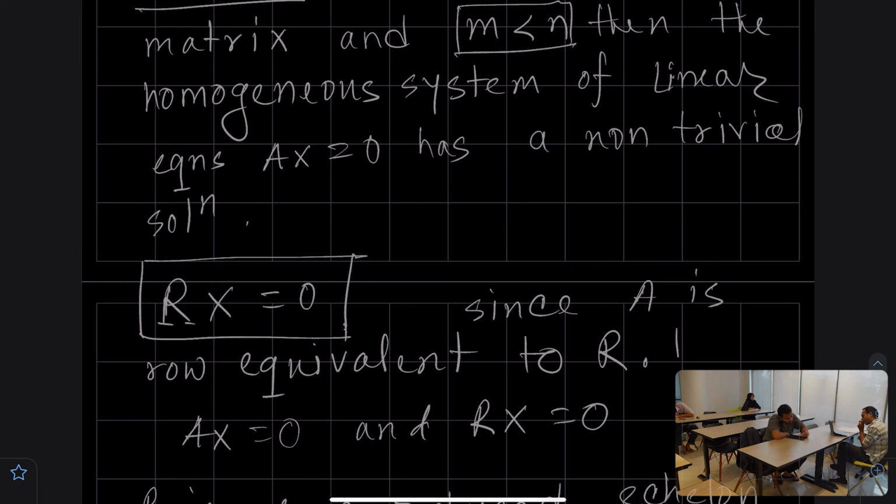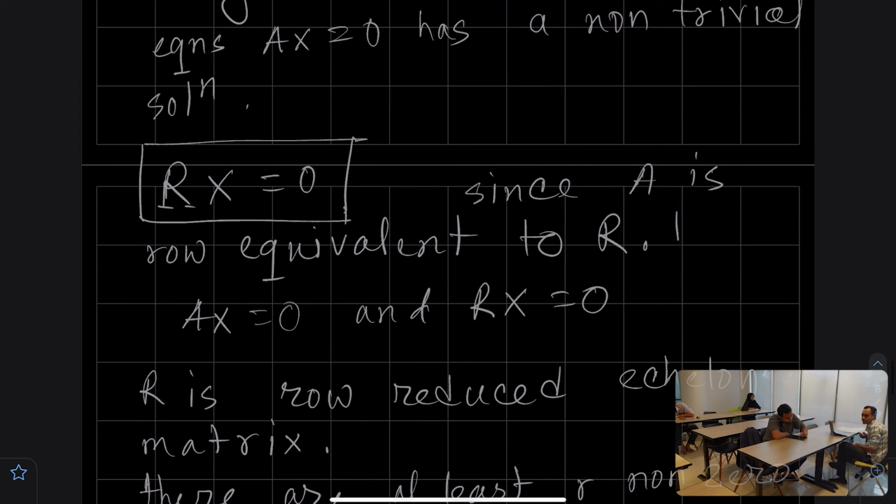So we started with Ax equal to 0, and I'm considering that since A is row equivalent to some row reduced echelon matrix, and that echelon matrix I'm considering is R, that means Ax equal to 0 will have the same solution as Rx equal to 0, right?